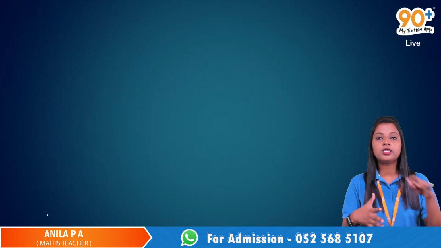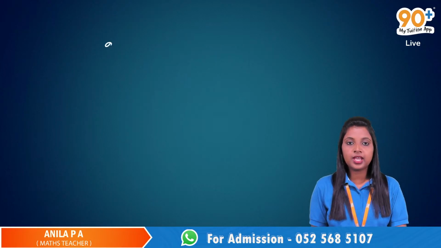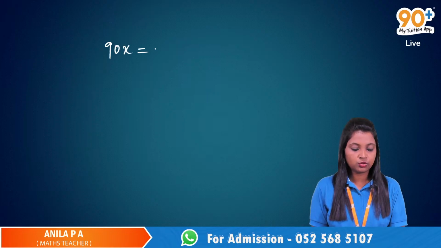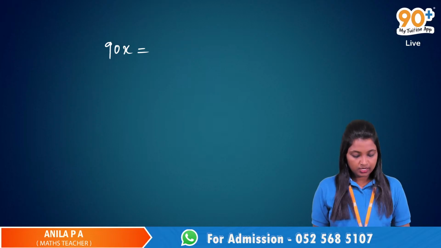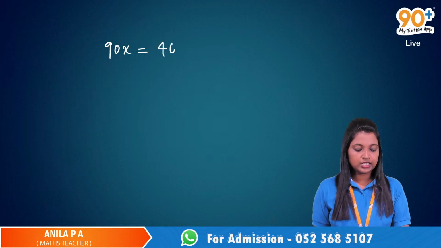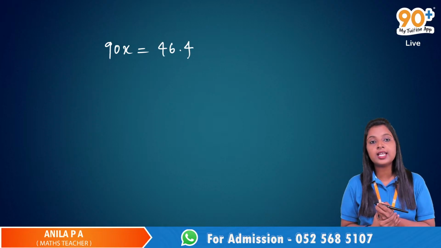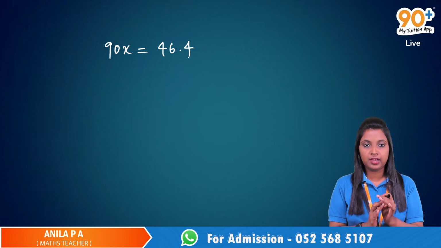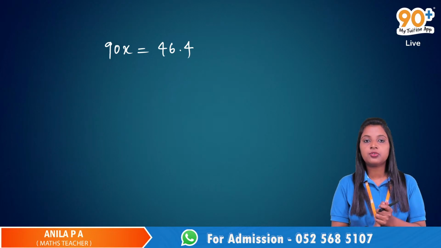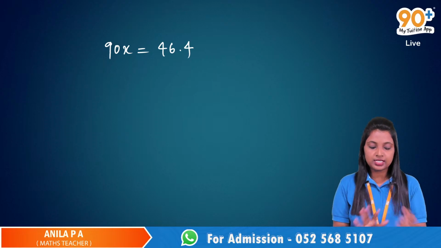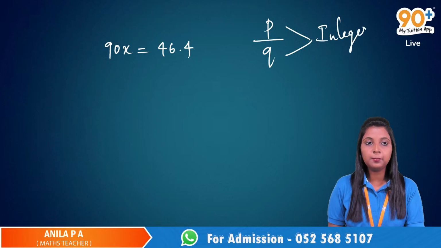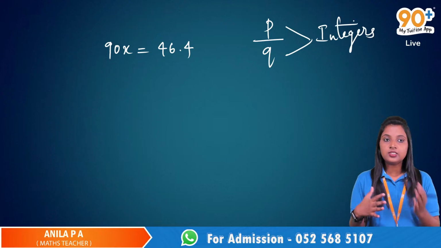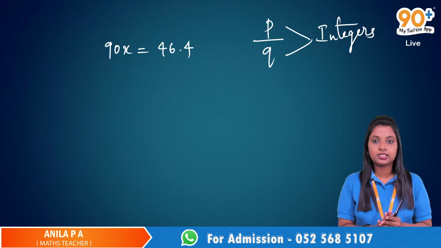And after following the steps, if you are getting it as some 90x is equal to, say, 46.4, you have to remove that decimal, so just multiply both sides of the equation by 10. P and q must be integers, right? P and q must be integers. That's why we are removing the decimals.